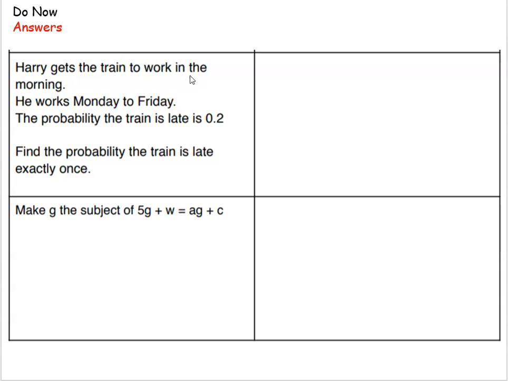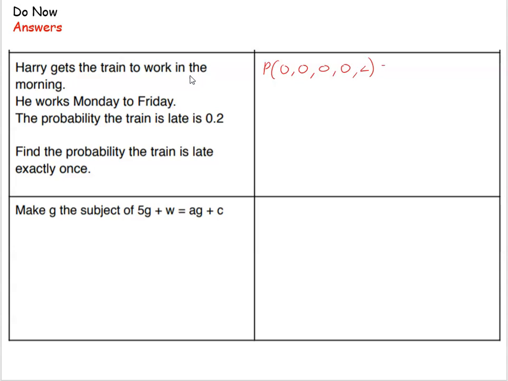So for now, if we just have a look at the probability of the train being late on Friday. So if we write probability on time, on time, on time, on time. So that's for Monday, Tuesday, Wednesday, Thursday. And then let's say he's late on the Friday. Okay, so exactly once they're interested in.